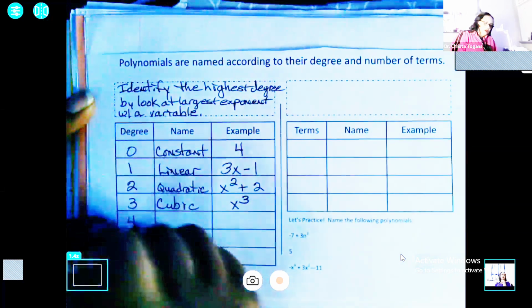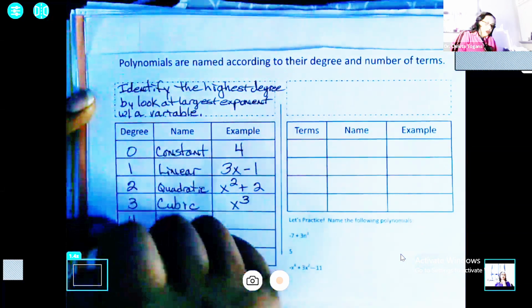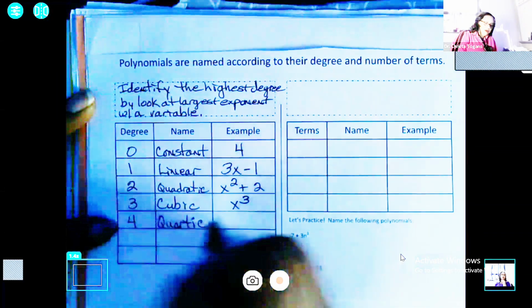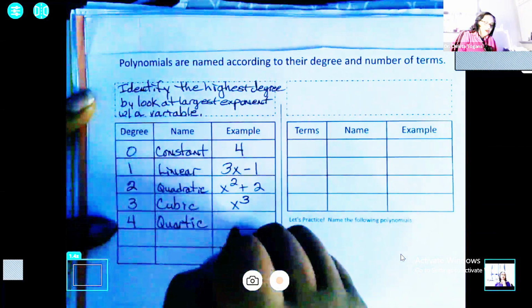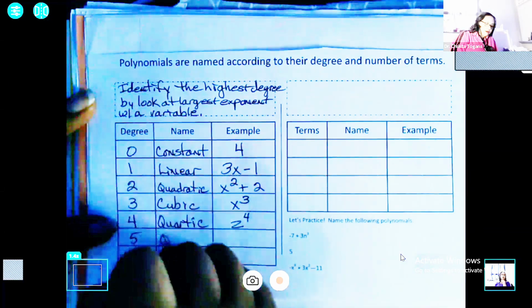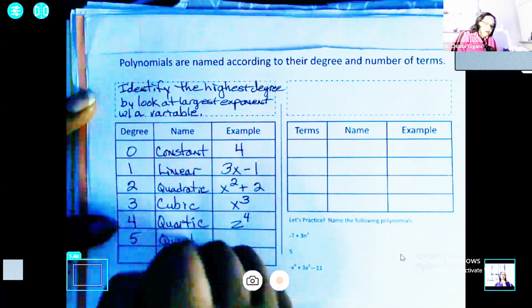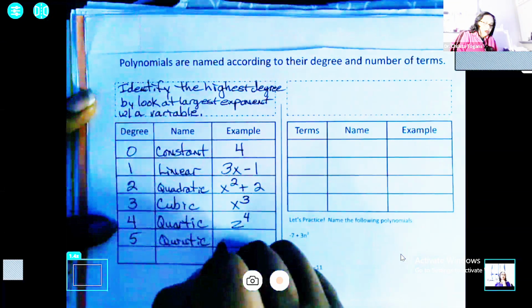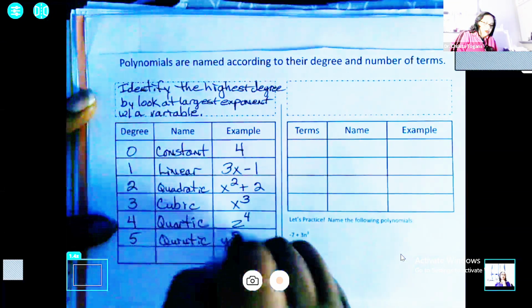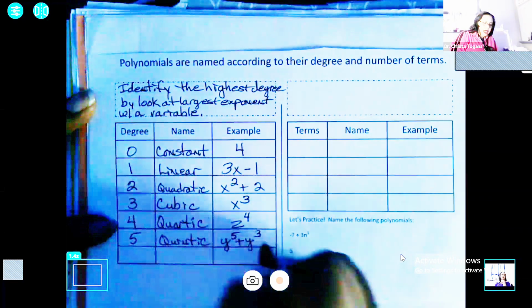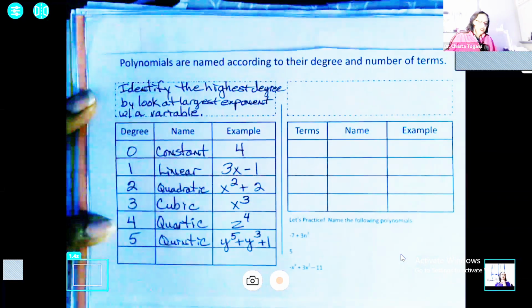And then to the 4th power, this is quartic. I'm going to use a different variable, so z to the 4th, so that you know it doesn't matter. Quintic, we'll just say y to the 5th plus y to the 3rd, doesn't matter. We can even add a 1 or something to it.